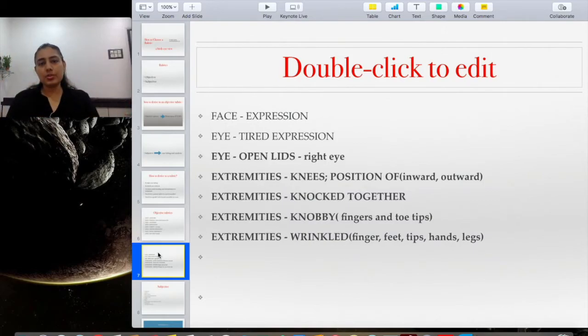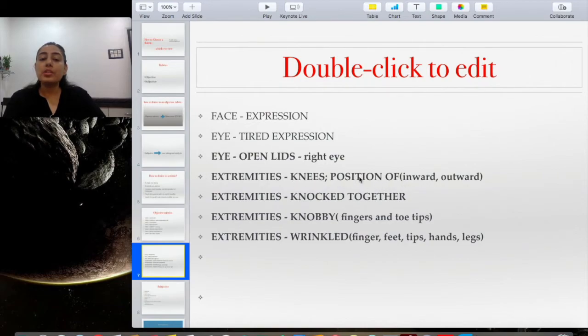Obviously, the other things should match, but that confirmed the remedy. So tired expression of the eye, which is in the eye section. You have half open lids, or you have open lids, right? Only the right eyelid is open, the left is not. It is to be observed in bedridden, comatose patients, in children.